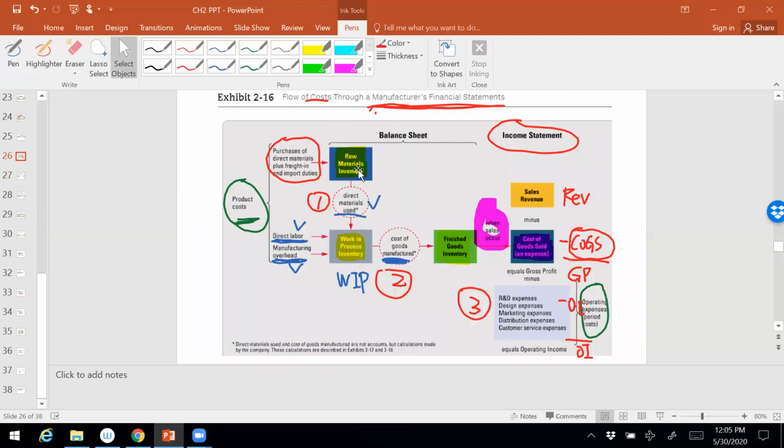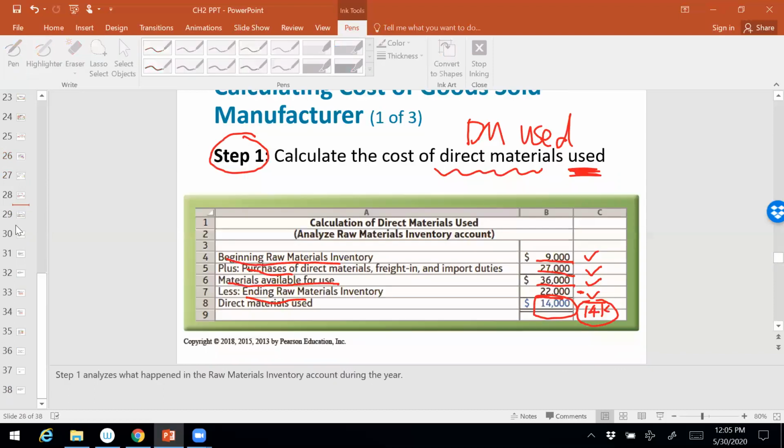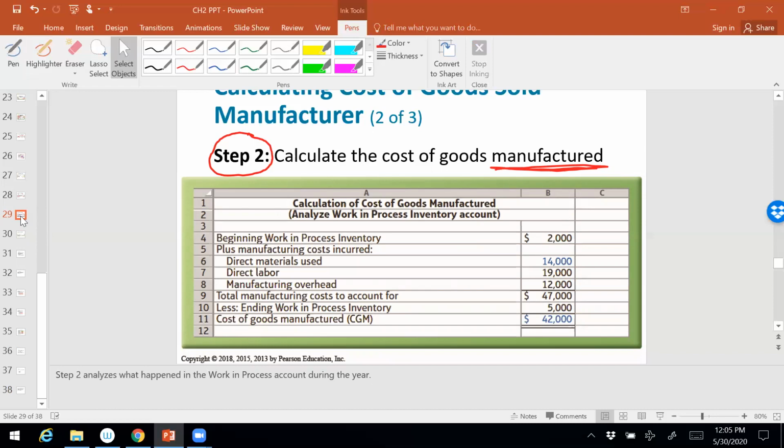We need to get the direct material used. We add direct labor. We add our manufacturing overhead to get the work in process and get the cost of goods manufactured. Okay, so let's look at this number.